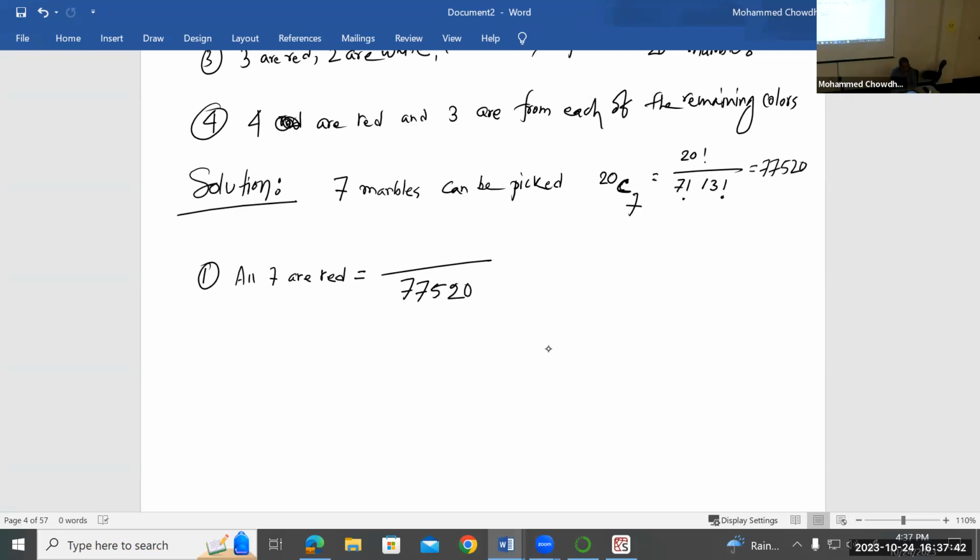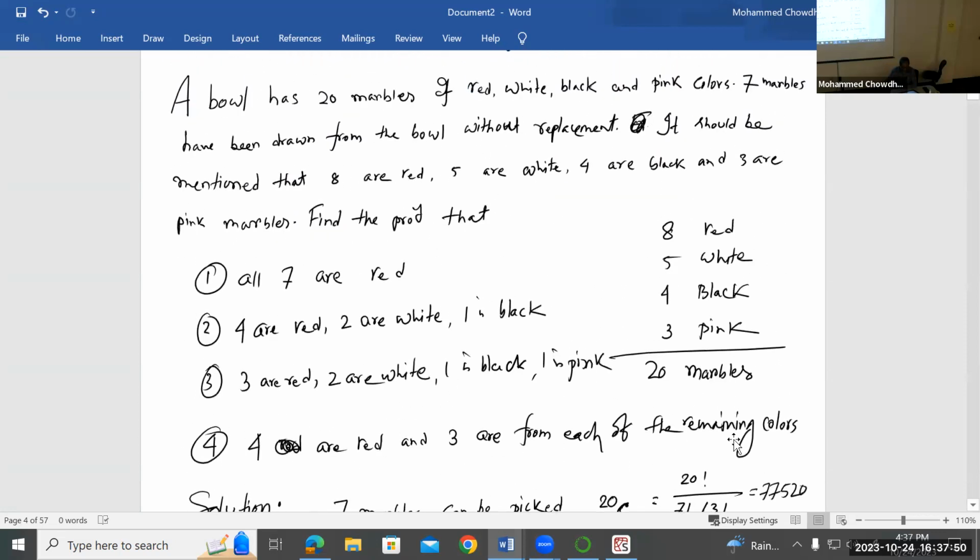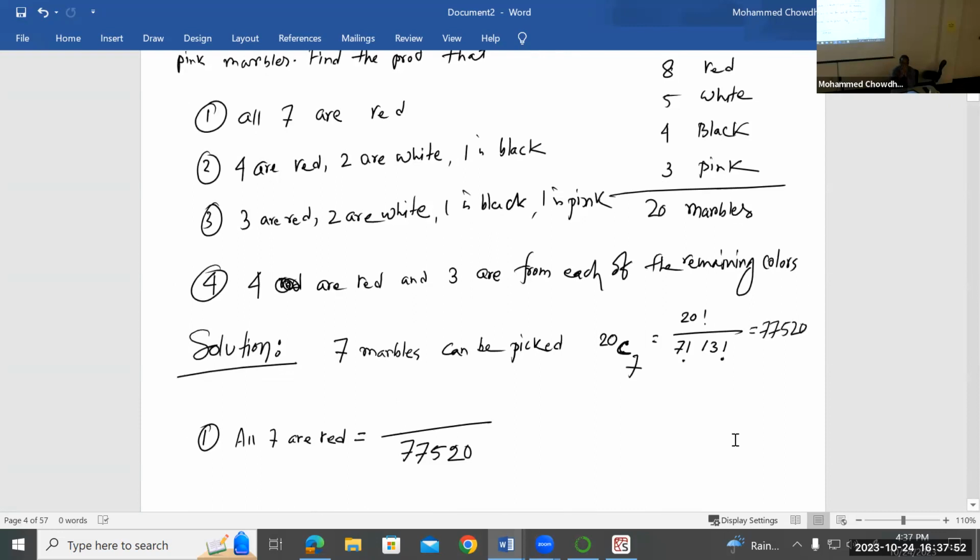This is the denominator. What would be the numerator? Can any one of you help me? I'm finding the probability that all 7 are red.